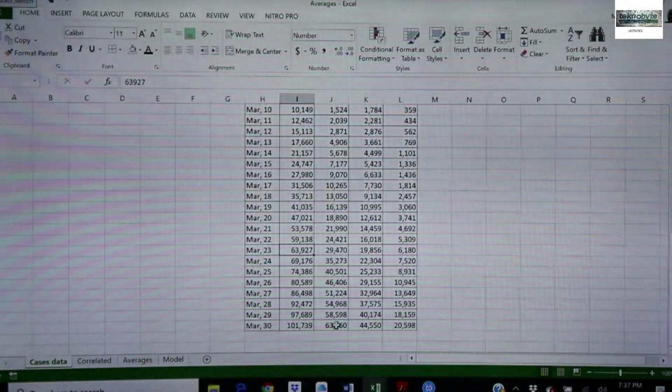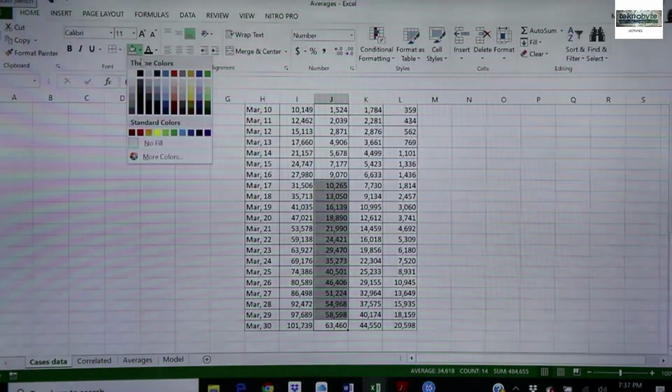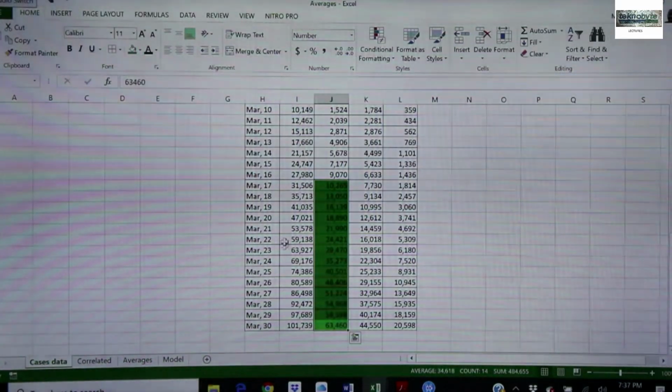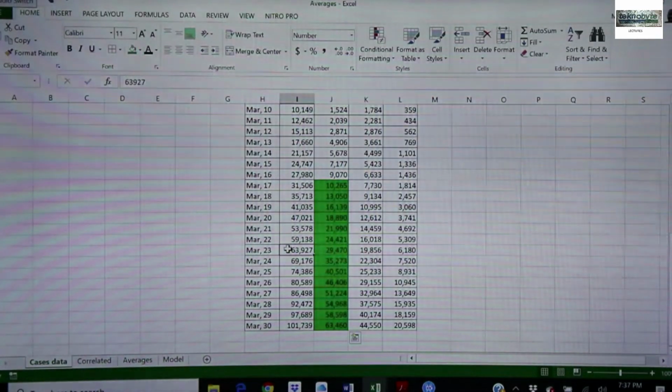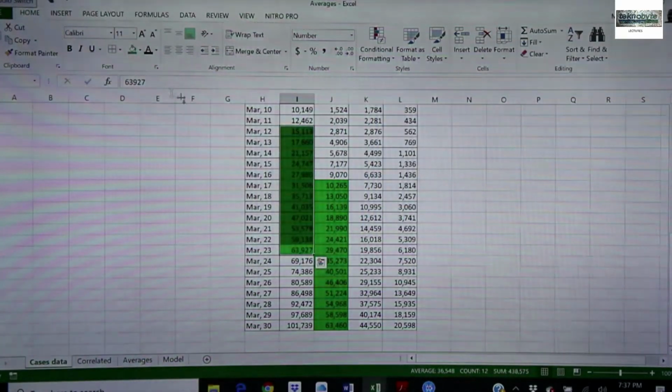Let's mark this in green. And going backward from this date, when the 63,000 cases had been reported, it looks like the trend then was actually comparable.